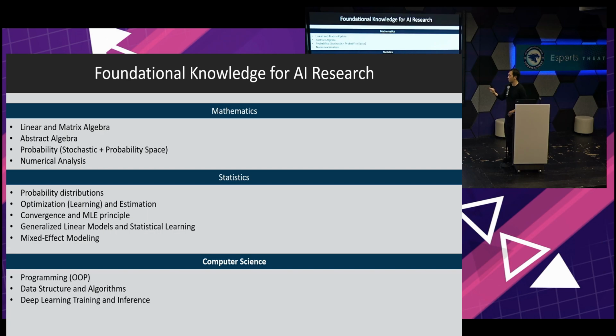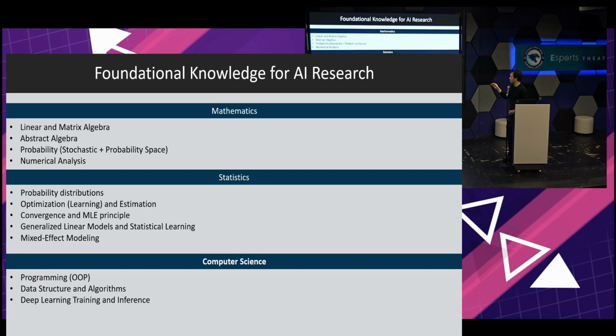So generalized linear models are important, and then mixed effect modeling is a new one I added a month ago or so, because Mistral AI published their own model with small agents that works like a mixed effect model, pretty much introducing some ideas from random effects in statistics.